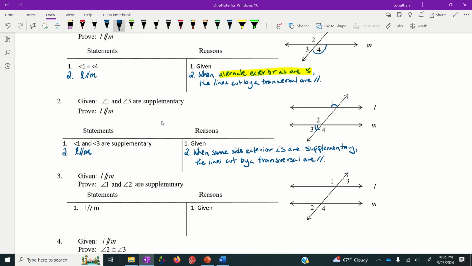It's the same thing we wrote here, we just swapped out what type of angle pair we have. Okay, this reason's kind of annoying. I know it's a little bit longer than the other ones, but it's something we've got to get used to saying.